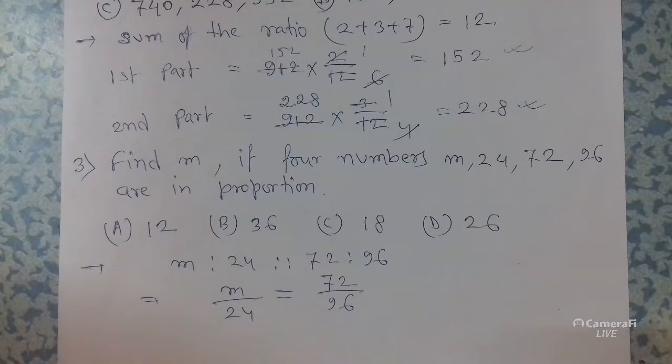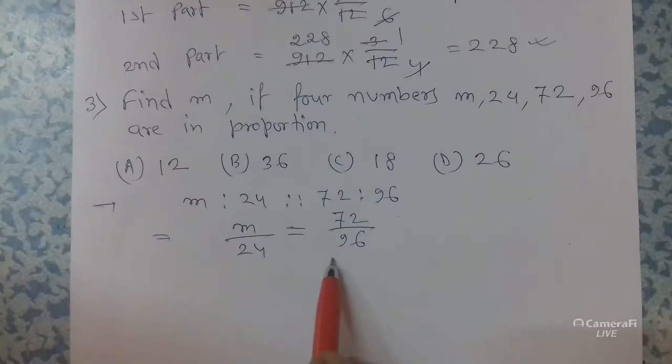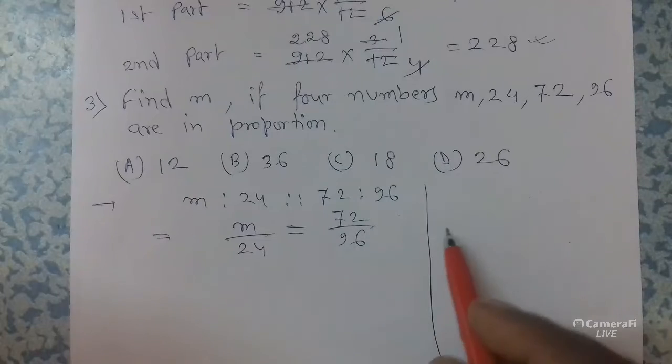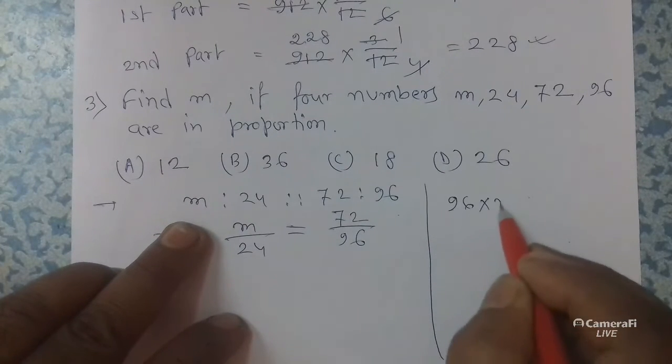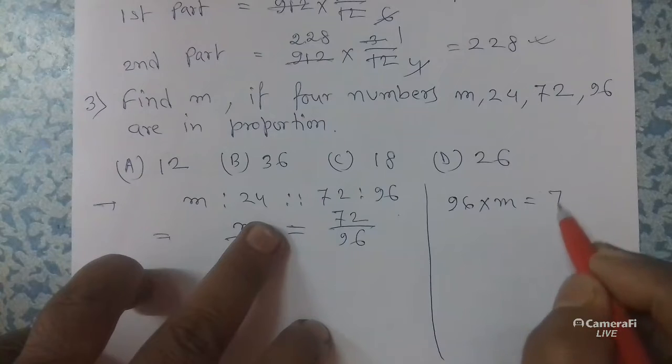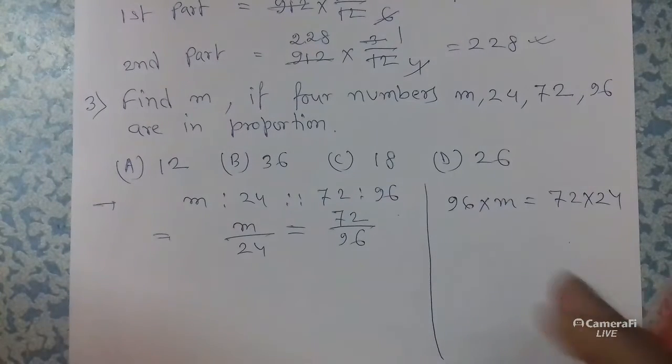Or else we know that product of extremes is equal to product of means. Either you can use this process or you can directly solve that product of extremes is equal to product of means. You can use this method also.